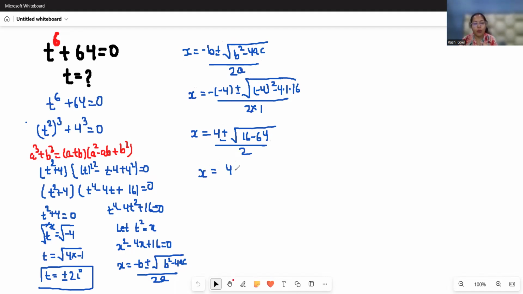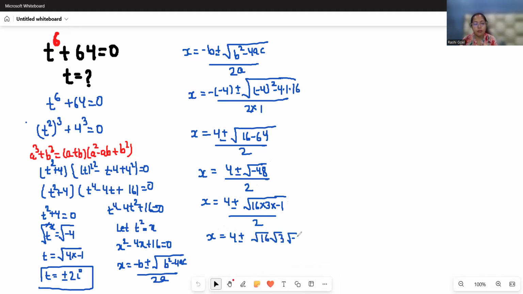x = (4 ± √-48) / 2. So x = (4 ± √(16 times 3 times -1)) / 2. So x = (4 ± √16 times √3 times √-1) / 2.